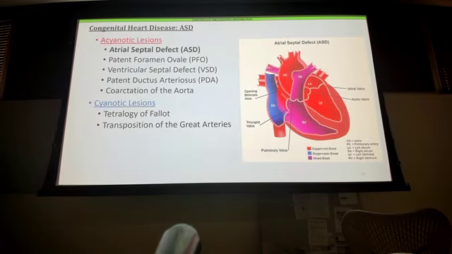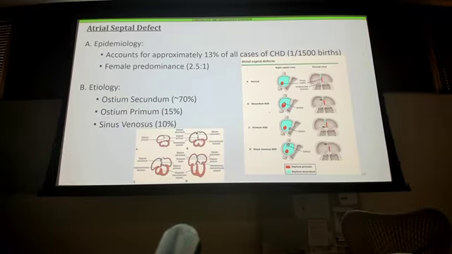Okay. So we're going to first start talking about the acyanotic lesions, and we're going to talk about the atrial septal defect first, okay? So we talked about how that atrial septum develops with the septum primum, septum secundum, the ostium primum, the ostium secundum. We talked about that.